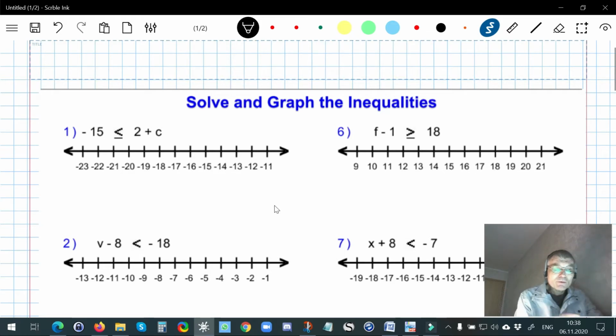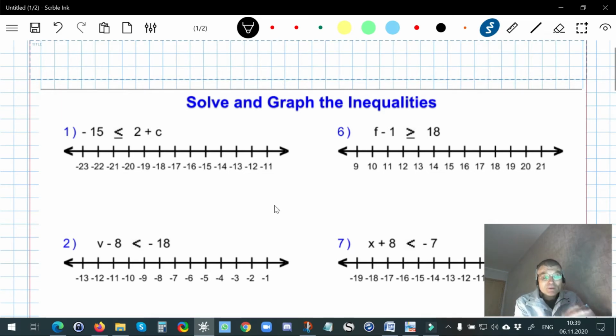What we do is pretty similar to what we do when we solve equations. The properties we base our way of solving inequalities on are pretty similar. If we add the same quantity to both sides of the inequality, we get the same inequality.